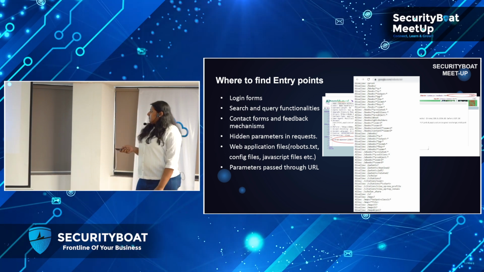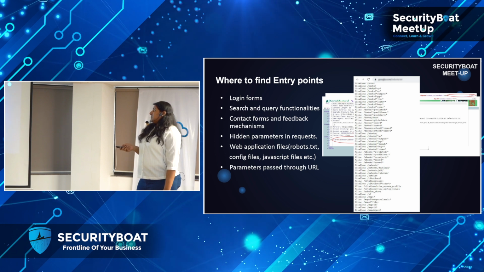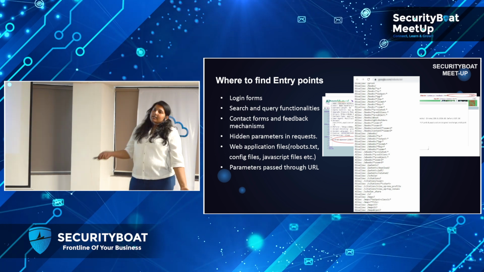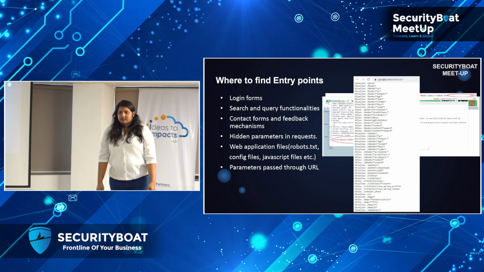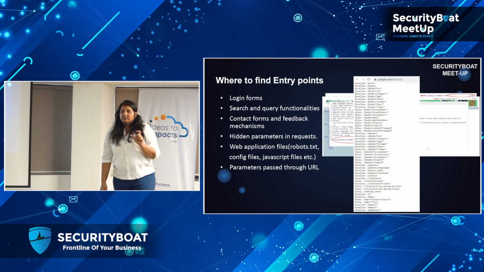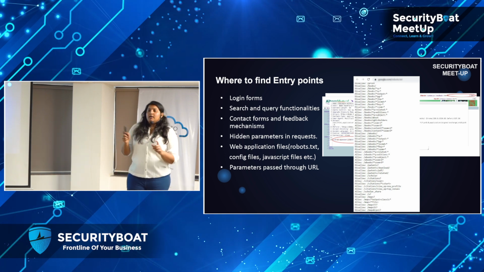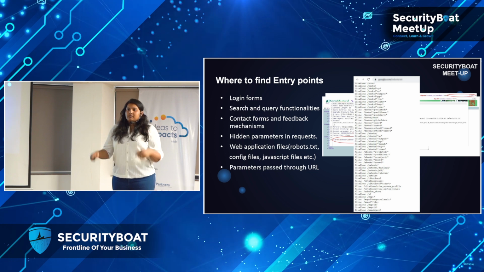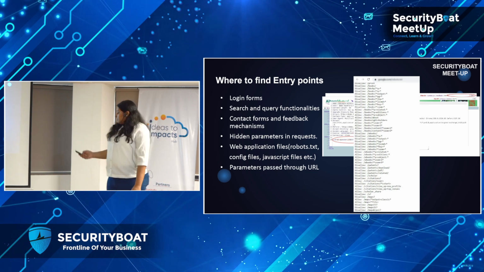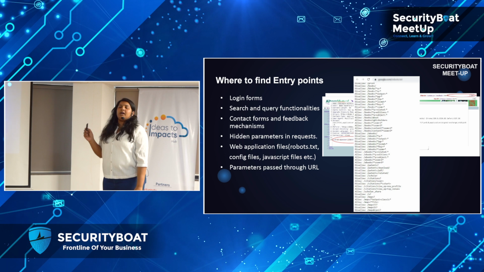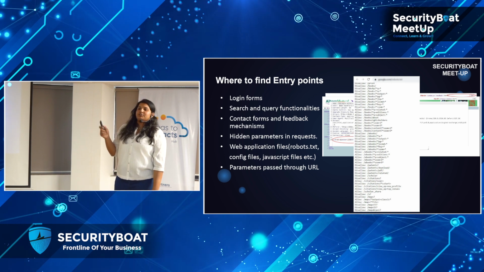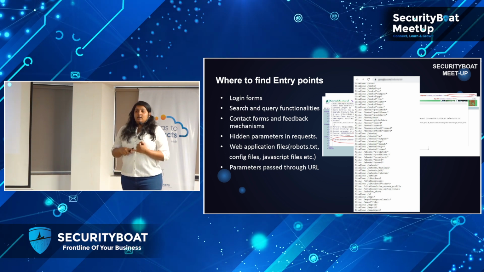In terms of pass-through URLs, it's again the example of GET type URLs, where all the parameters are passed through the website URL. Apart from these points, you can check the user agent.